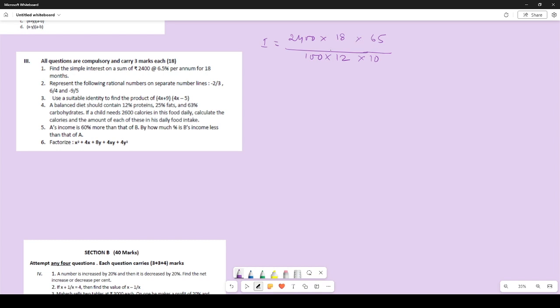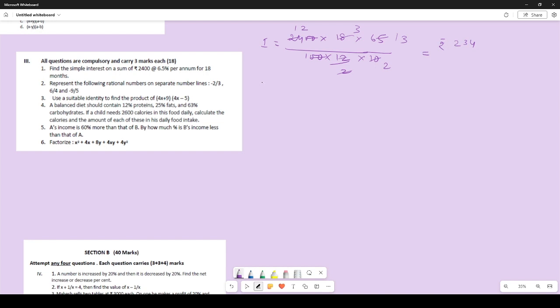So now when you cancel all these numbers, this becomes 3/2, and then 5 two times, then 13 times, then again this can be done by 12. When you multiply them, this comes to rupees 234, right? So that will be your simple interest.